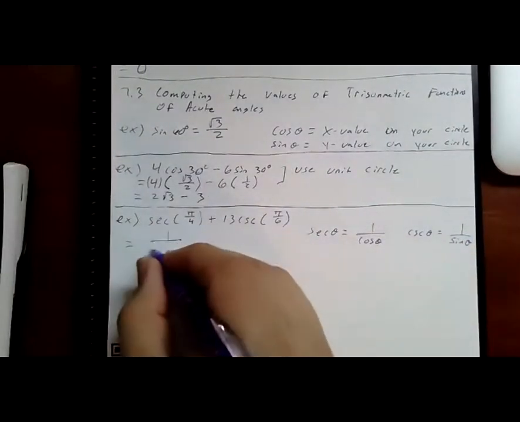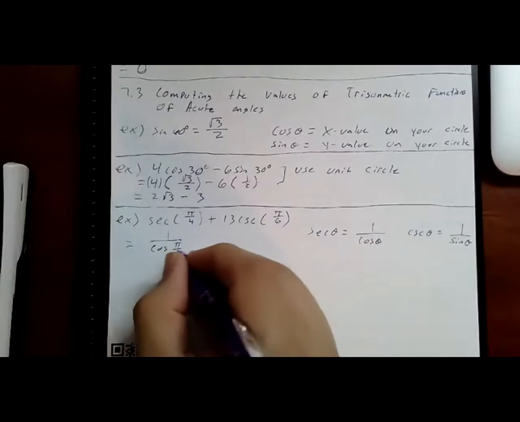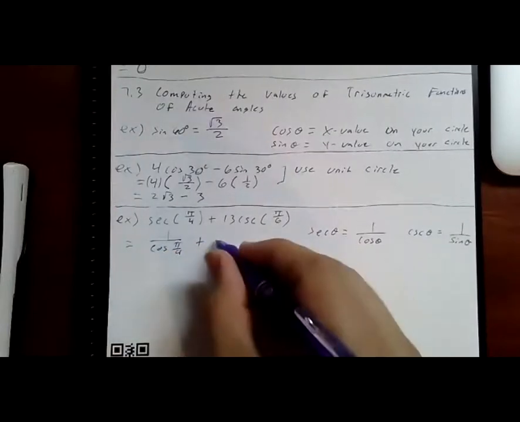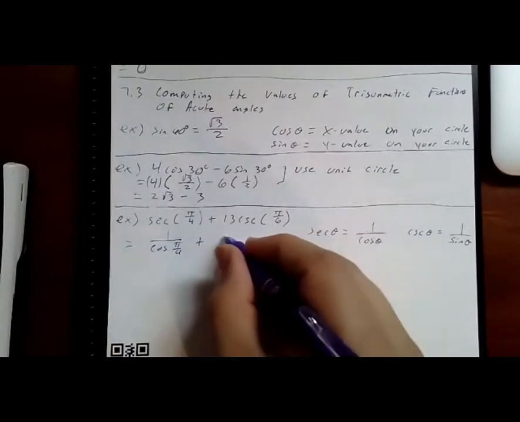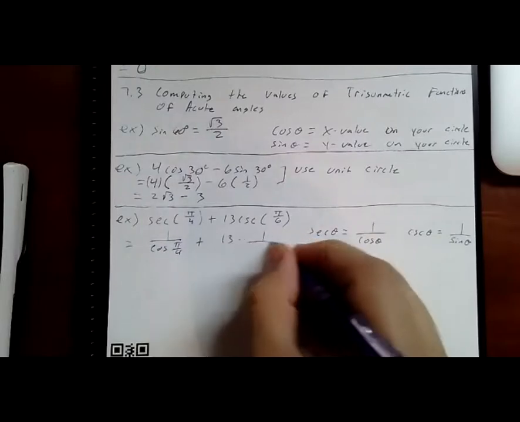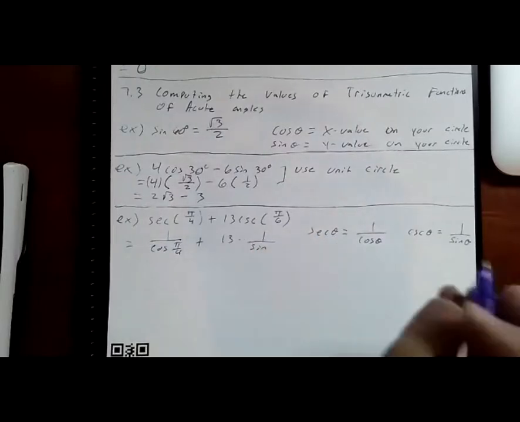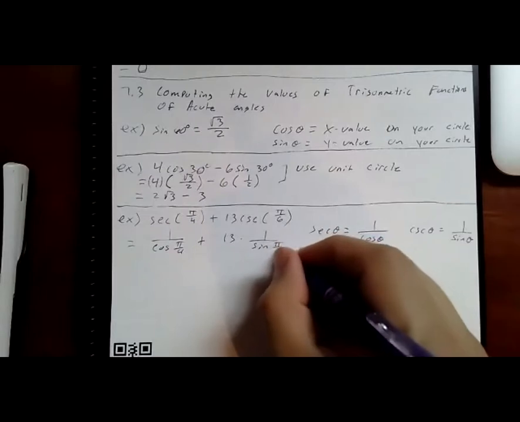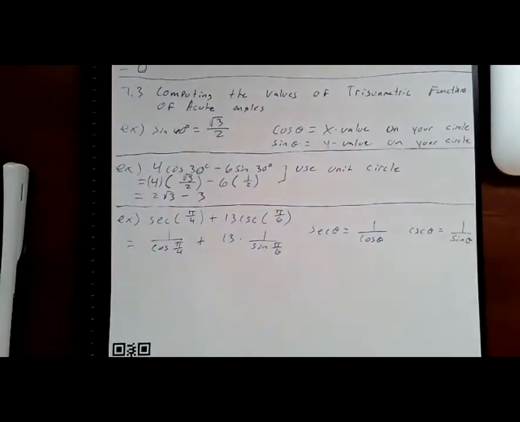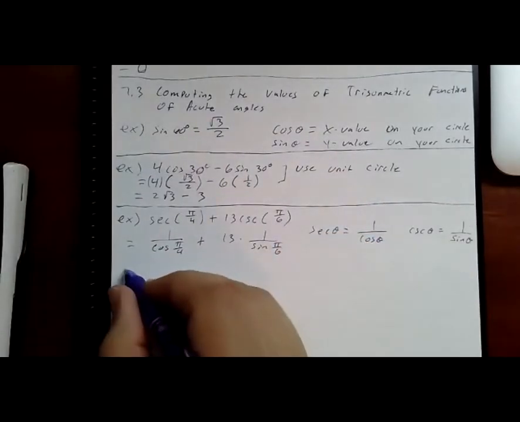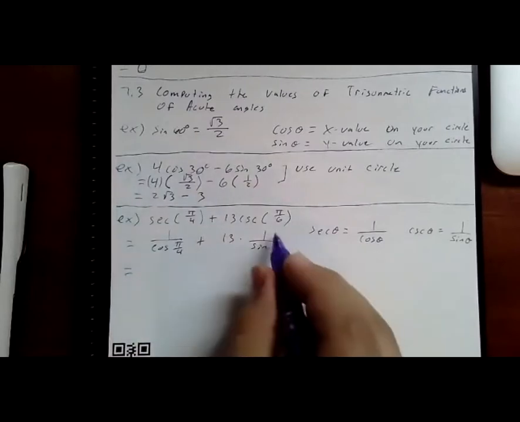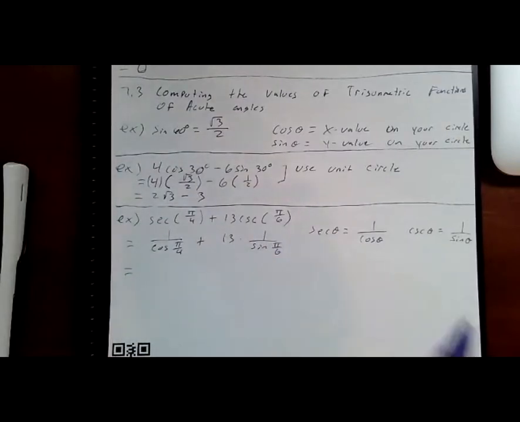So it's 1 over cosine pi over 4 plus 13 times 1 over sine pi over 6. I'm going to put that 13 on top because it doesn't matter in the next step.